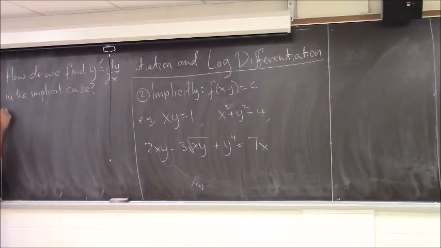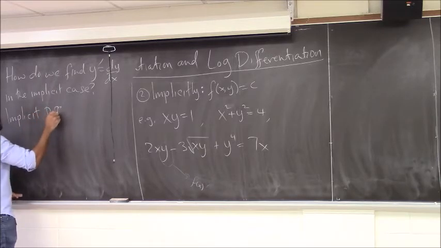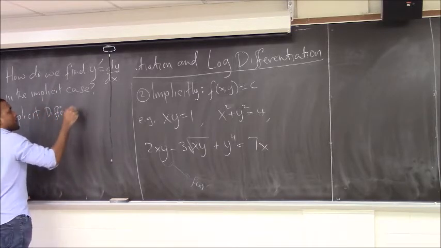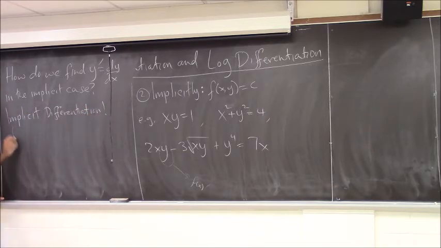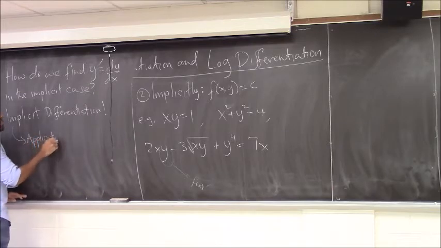The answer is implicit differentiation. By the way, this is just an application of the chain rule, and I'm going to give you some examples that bring that to light.